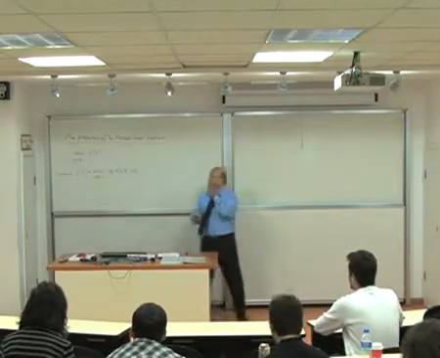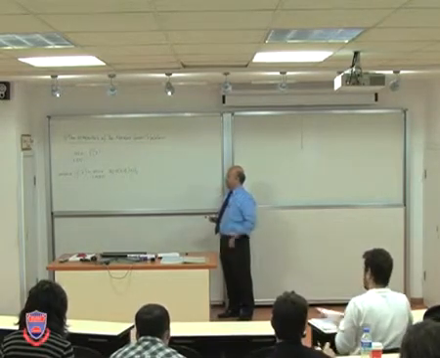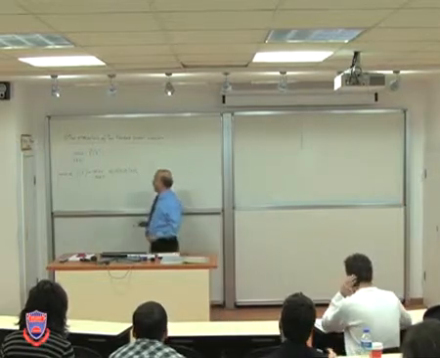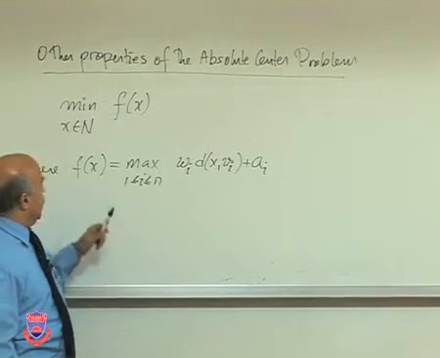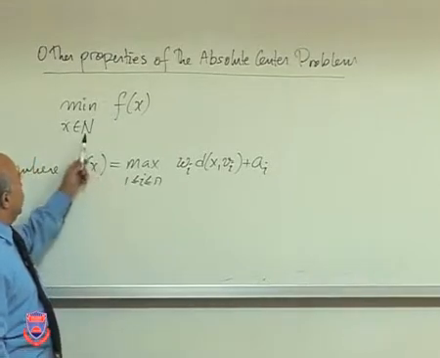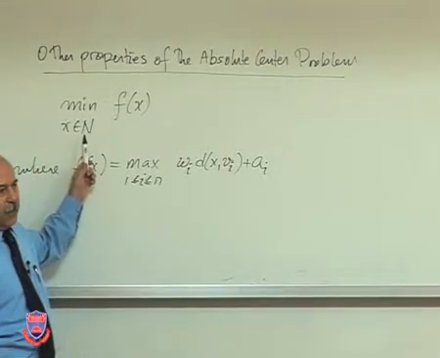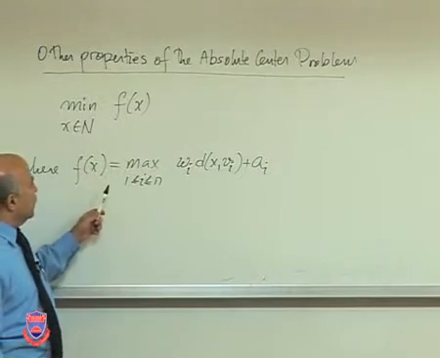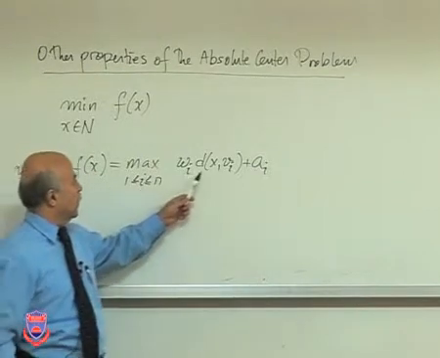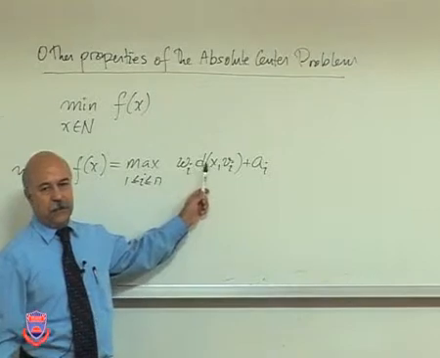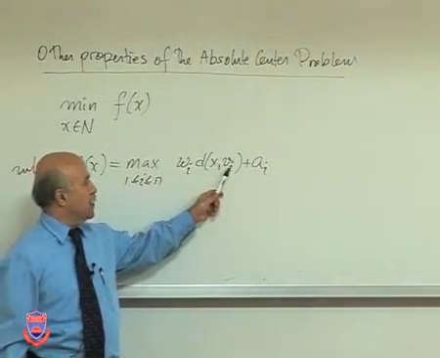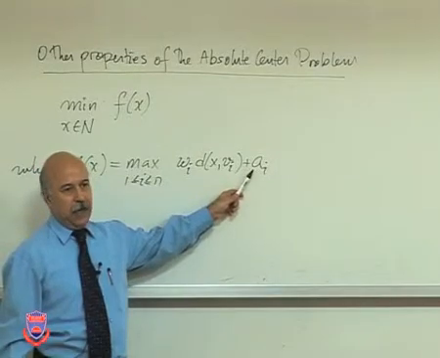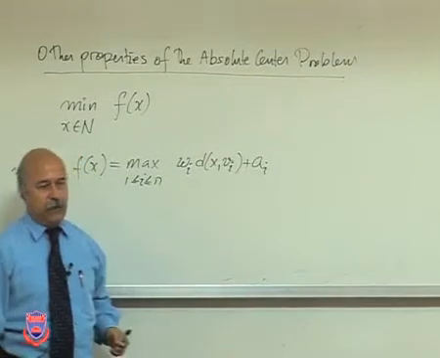Okay, this is where we somewhat left off last time. We have an absolute center problem under consideration on a network which is embedded on m vertices, and the objective function we have is the maximum of the weighted distances from any point x to all vertices, plus there's an addend associated with each vertex.